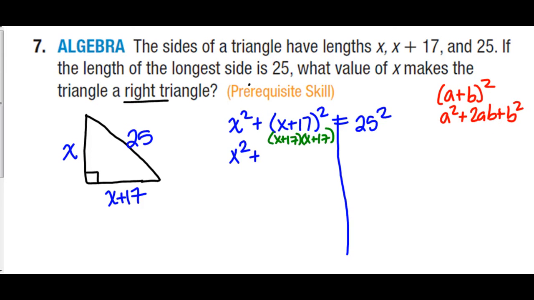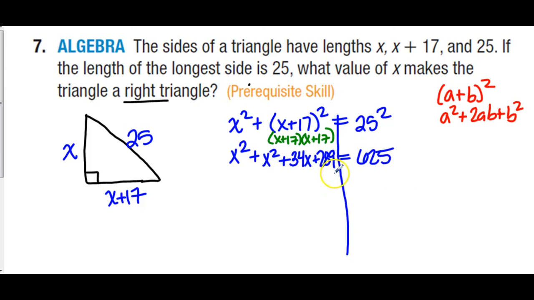So using that property, multiplying this out, if you wanted to skip using your arrows, would be a squared, so x squared plus 2ab. 2 times 1 times 17 would be 34x, and then b squared would be 17 squared, which is 289, equals 25 squared, 625.